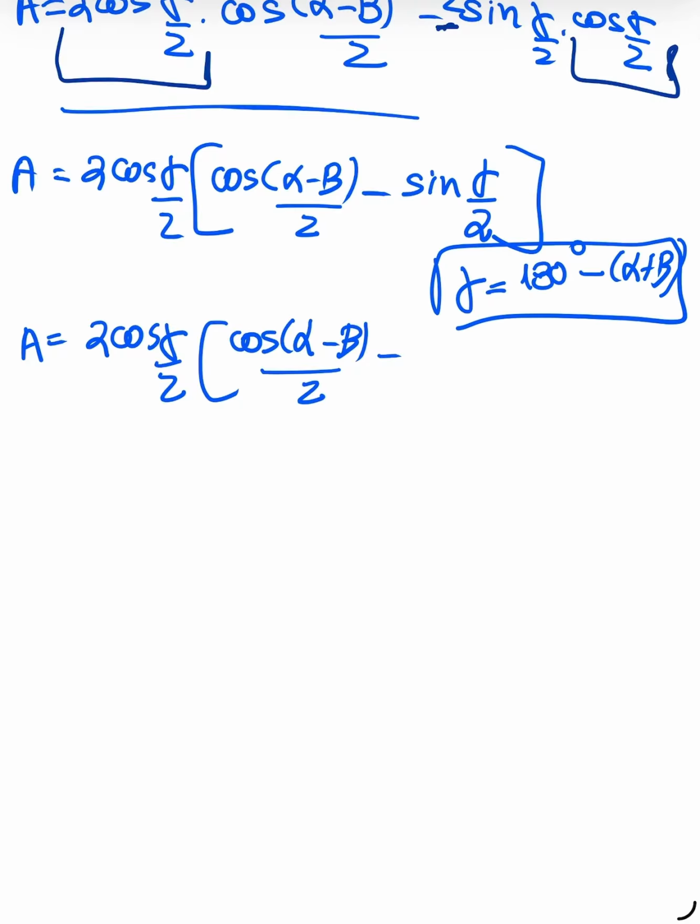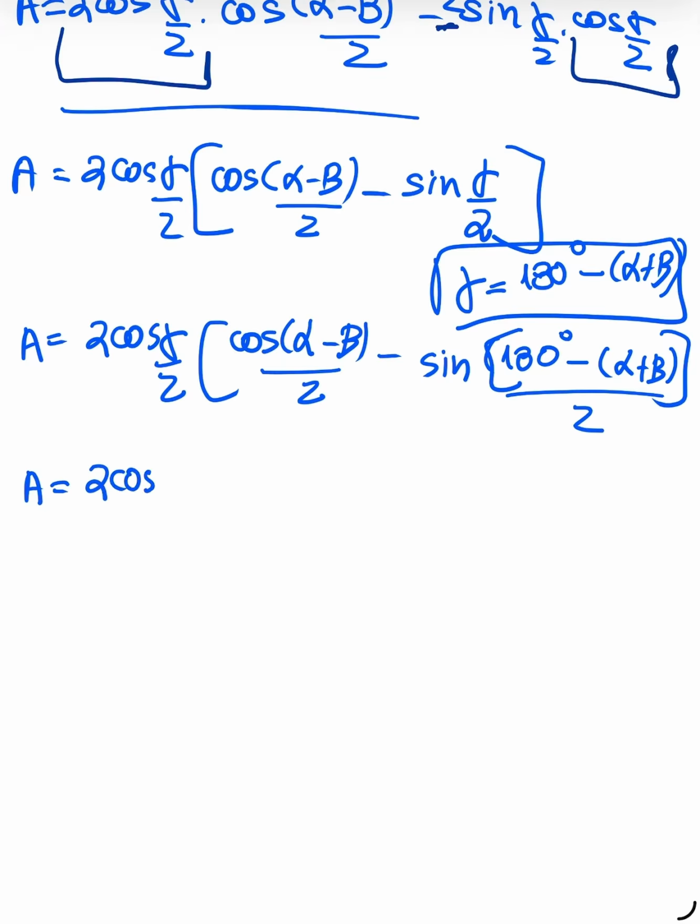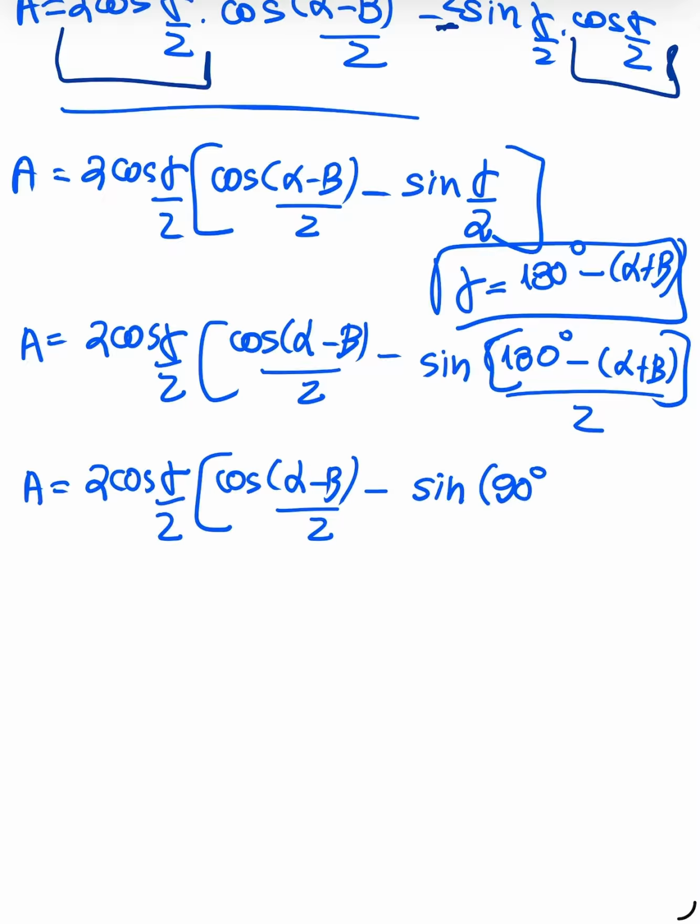So we have sine of 180 degrees minus alpha plus beta, and the whole thing divided by 2. So A is equal to 2 times cosine gamma divided by 2 times cosine alpha minus beta divided by 2 minus sine of 90 degrees minus alpha plus beta divided by 2.